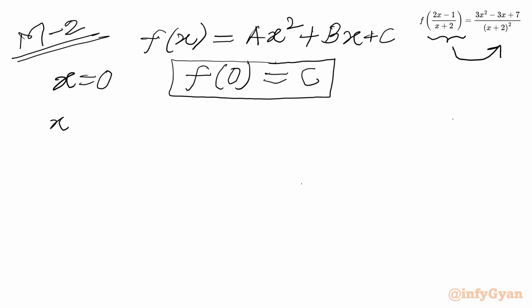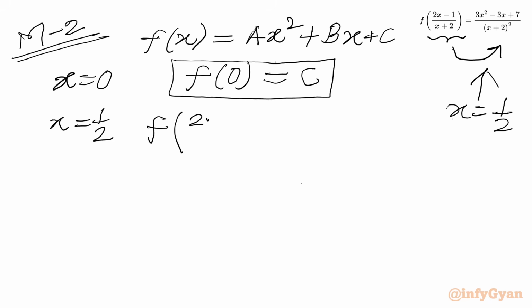Now I am putting x equal to half in our functional equation. Here, put x equal to half. We will get f of (2 times half minus 1)/(half plus 2).